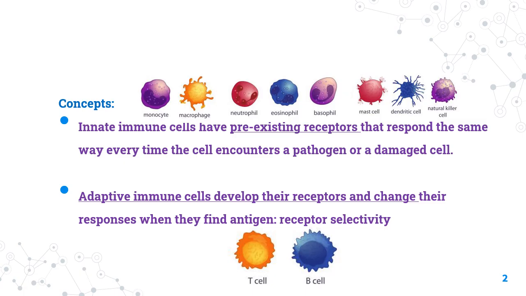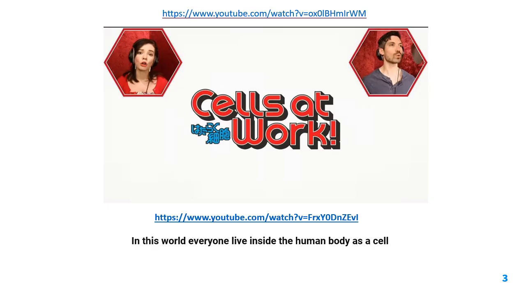So to make learning these cells' characters easier, I did put here these two links. This is just a trailer for these cells at work. And here is a whole movie, I think about an hour and a half or so, telling you the story of this scenario on these cells that are working in the body.